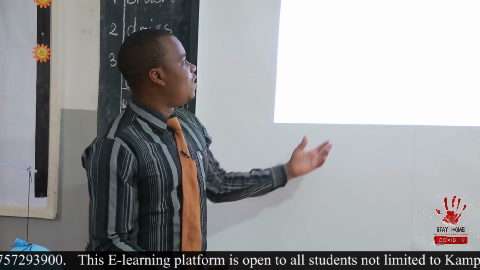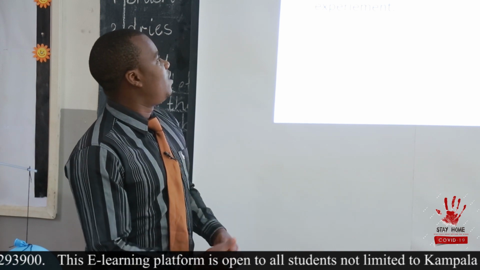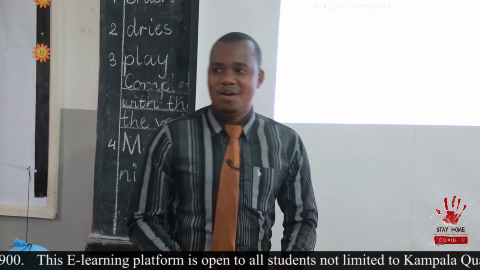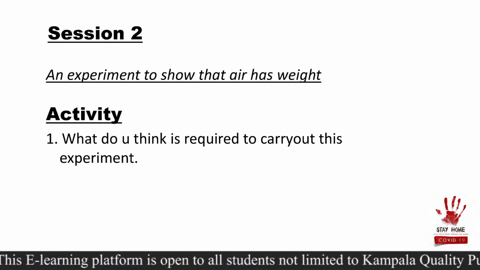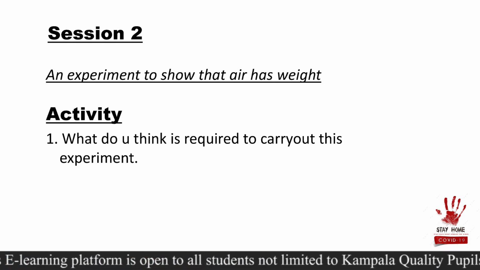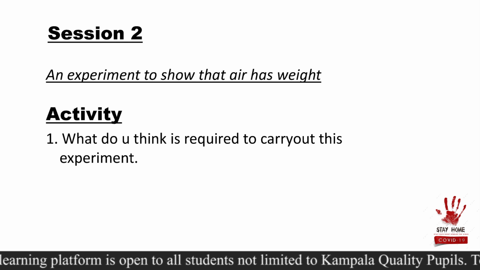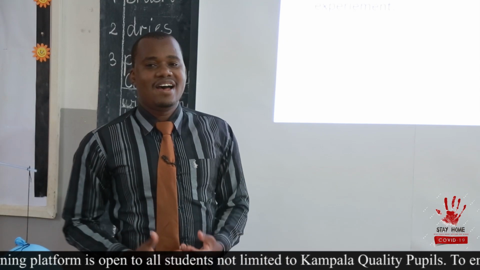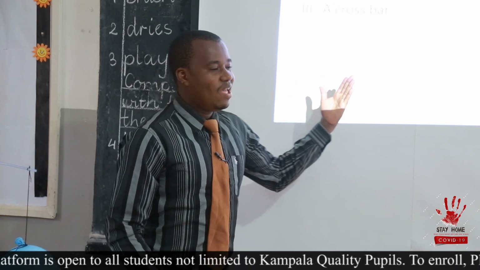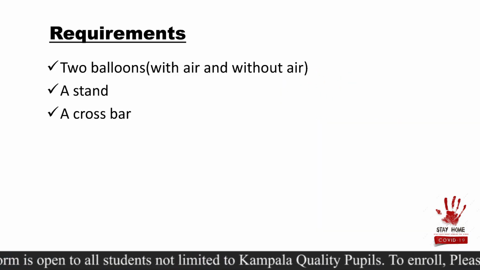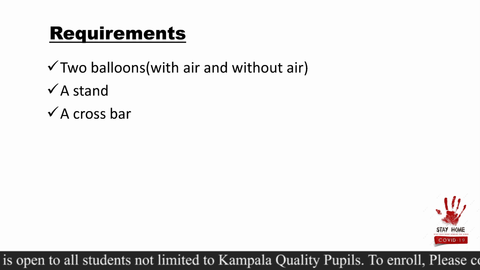As we move on in our session 2, we are going to carry out an experiment to show that air has weight. Remember, in our properties, we said air has weight. So what will prove to us that air has weight? It is in the next session. What do we require in this experiment?